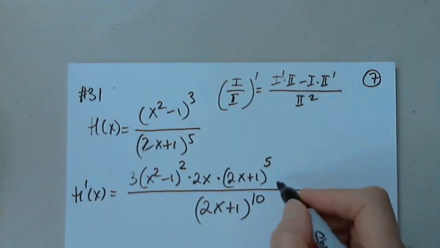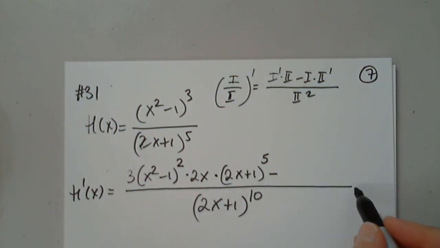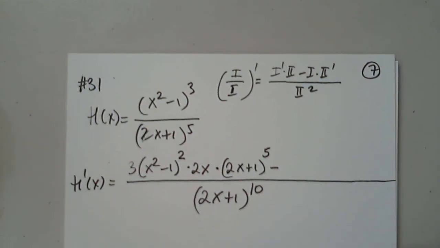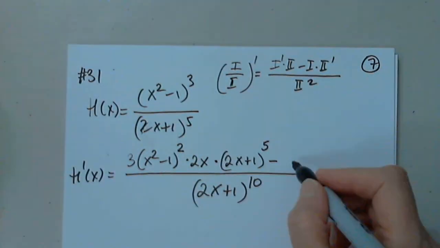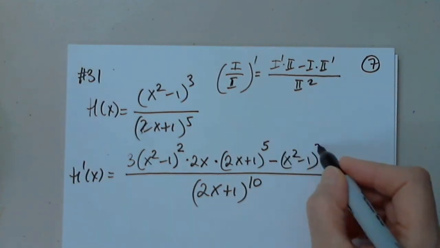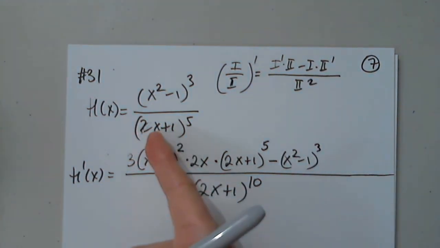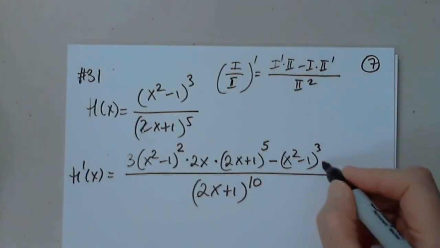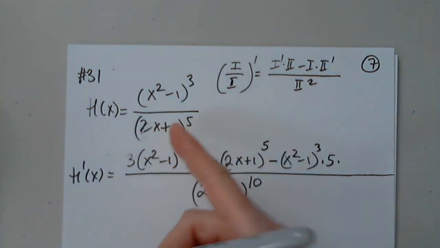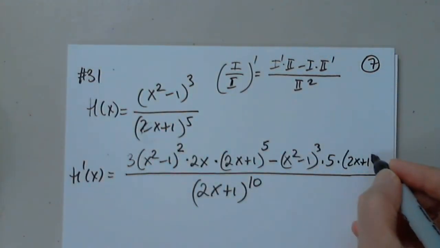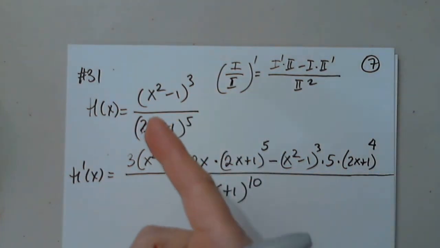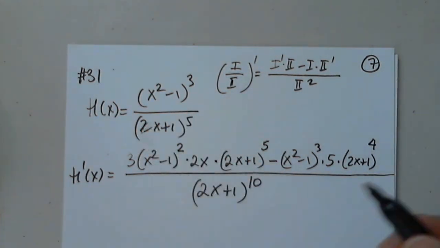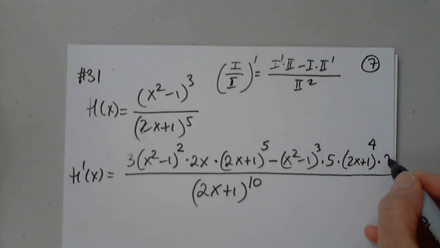Now I'm here with minus. Watch me run out of room. Okay, minus. I copy the first function, and now I have to differentiate the denominator. 5 times 2x plus 1 to the 4th times the inner function prime because it's not plain x.